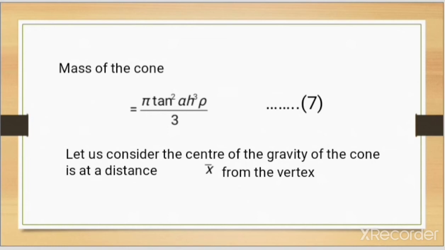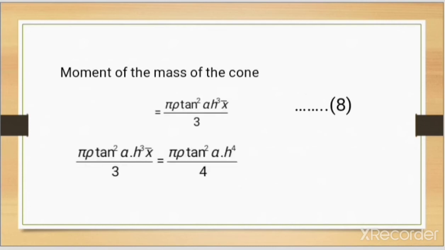Let us consider the center of gravity of the cone to be at a distance x bar from the vertex. Moment of mass of the cone is equal to pi rho tan square alpha h cube x bar by 3. Therefore, pi rho tan square alpha h cube x bar by 3 is equal to pi rho tan square alpha h power 4 by 4.